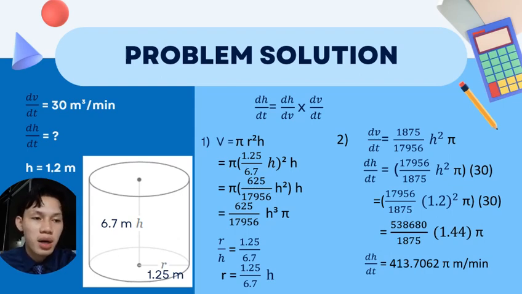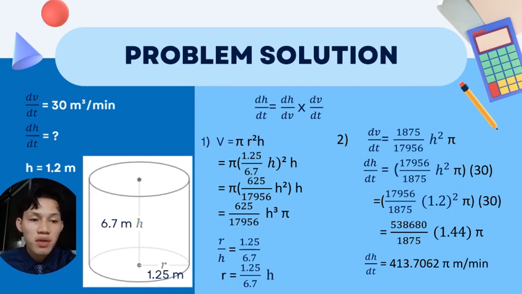Before that, we need to find the value of R in terms of H. So R over H equals 1.25 over 6.7.